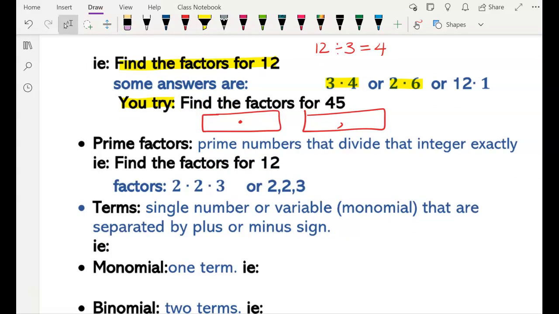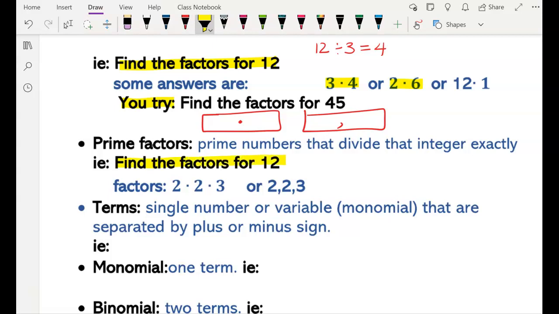Now we are going to go a little bit further in a definition called prime factors. Prime factors are prime numbers that divide that integer exactly. Very similar to the factor definition, except now we can only have prime numbers in our factors list. Same exact number here.